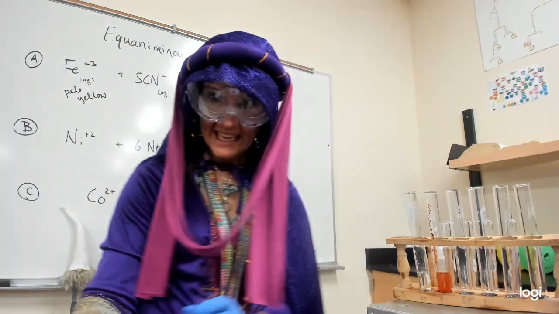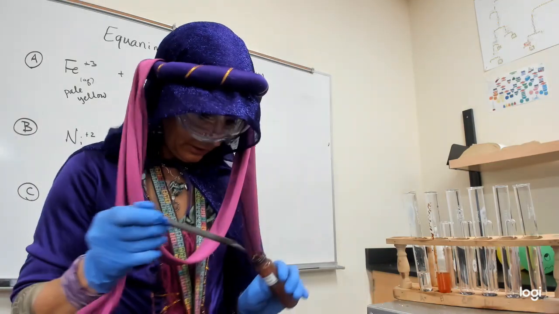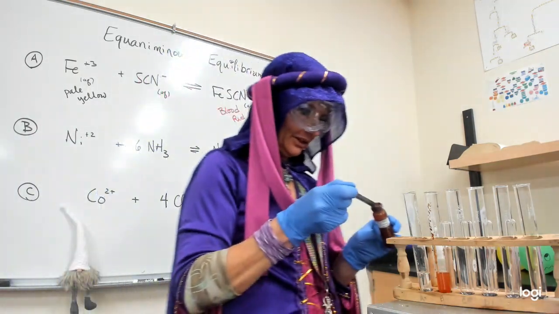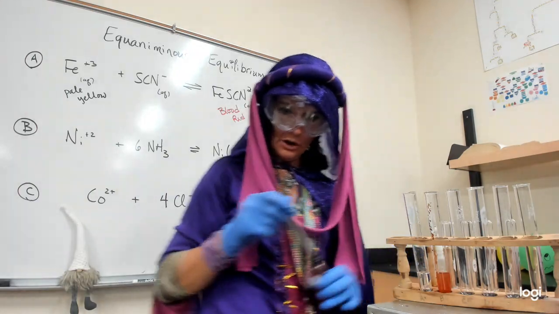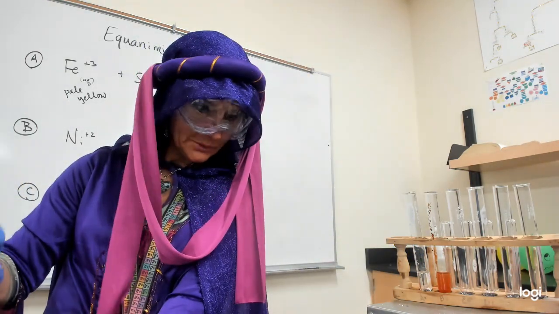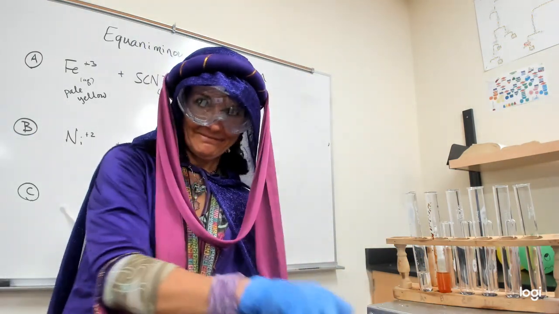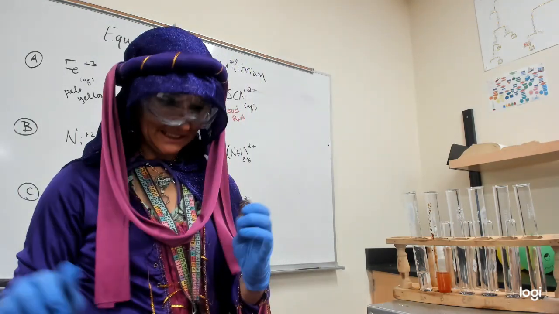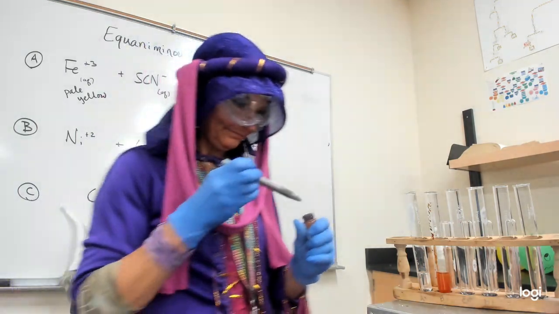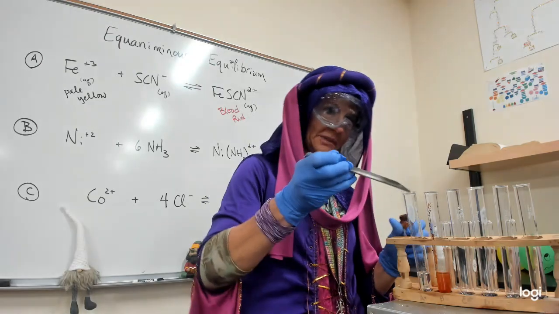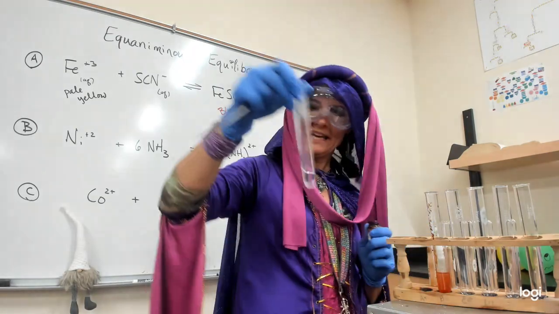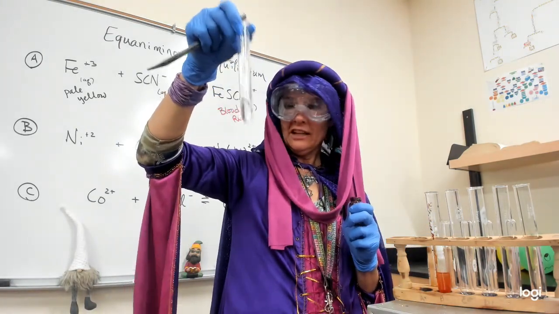Should we see it all again? That was so fun. So if we start with a little bit, oh, actually, we'll do it this way this time. Because I have some solid potassium thiocyanate. Add some of that to our water that I had already. And look, it dissolved.